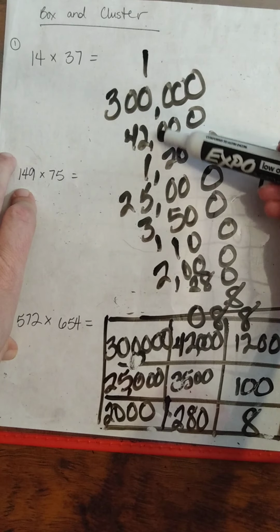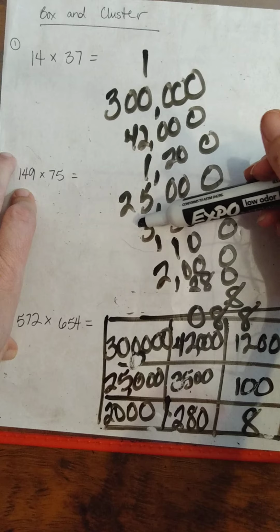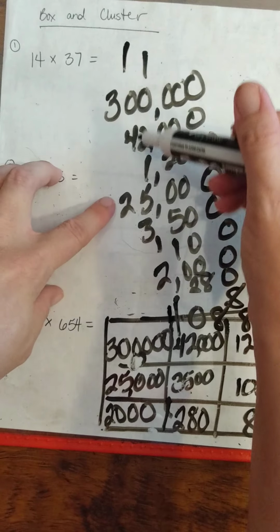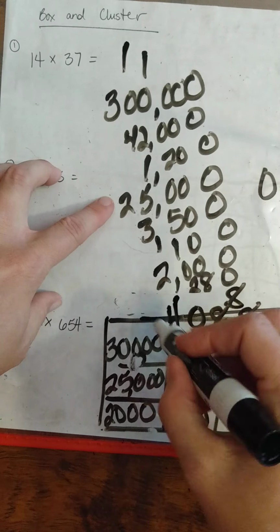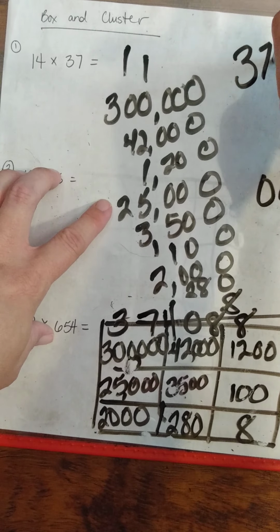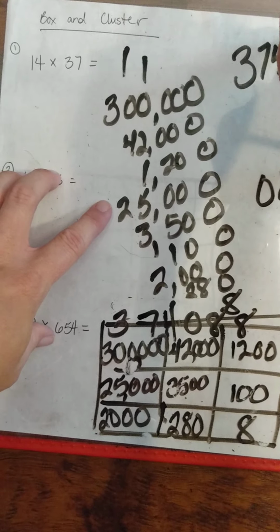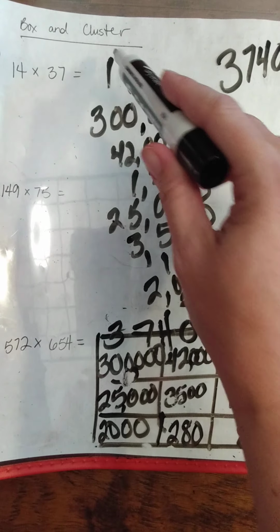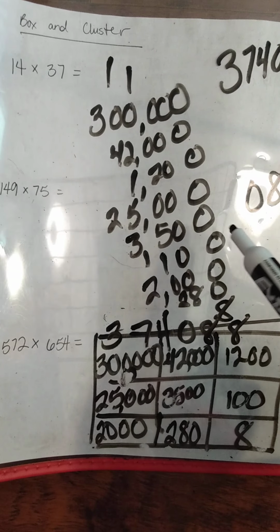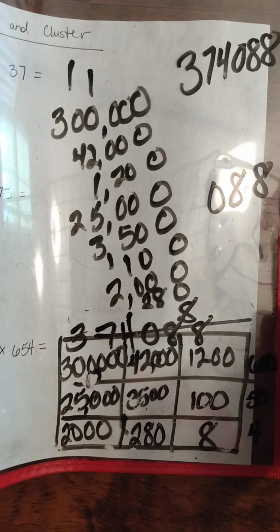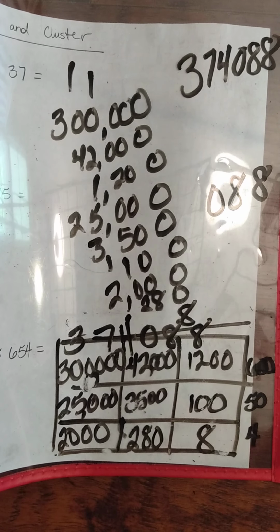Then looking at these place values in the thousands place, 3, 4. 4 plus 5 makes 9, 10, 11, 12, 13, 14. Again, I have to be careful that I'm lining them up. 4, 5, 6, 7, and 3. So, sorry that's so sloppy. 374,088 is our final answer to this problem.